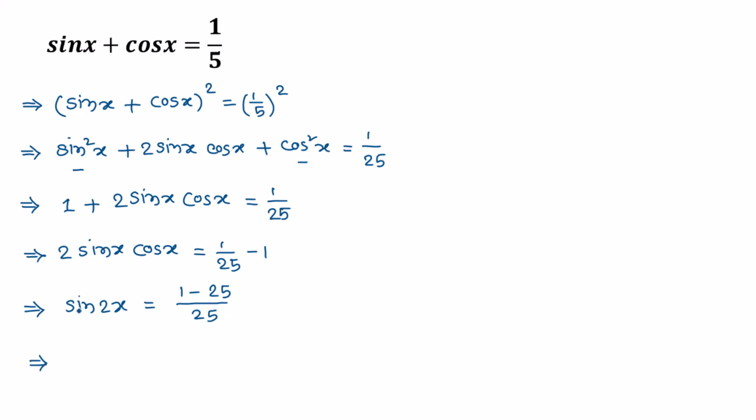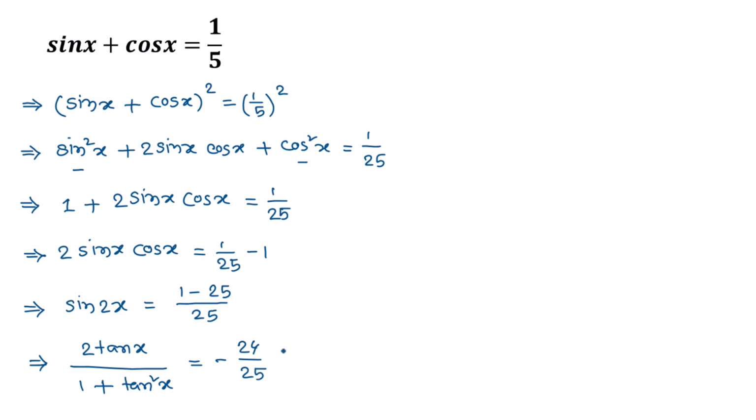Again applying another formula, sin 2x is equal to 2 tan x divided by 1 plus tan square x. So applying this formula, 2 times tan of x over 1 plus tan square x is equal to negative 24 divided by 25.